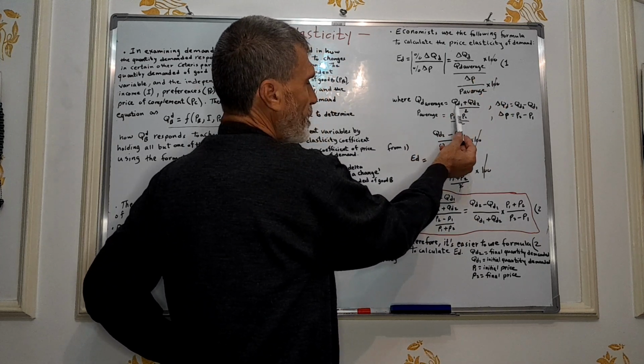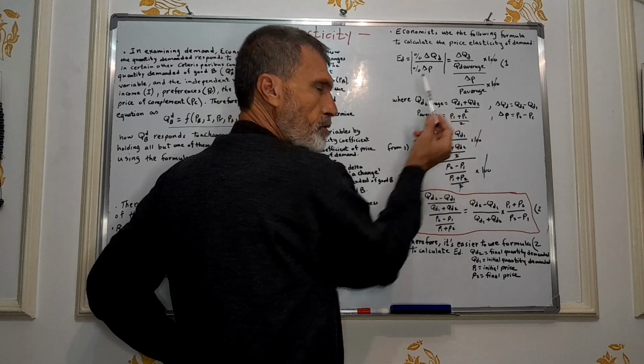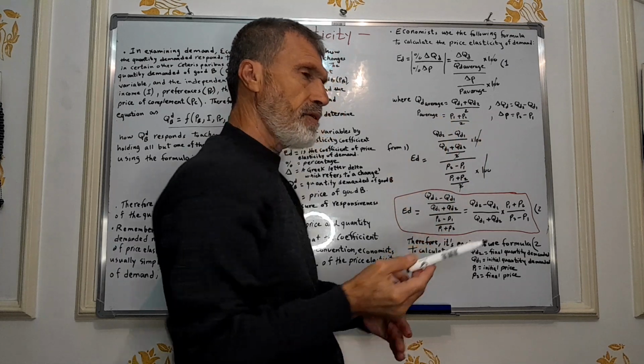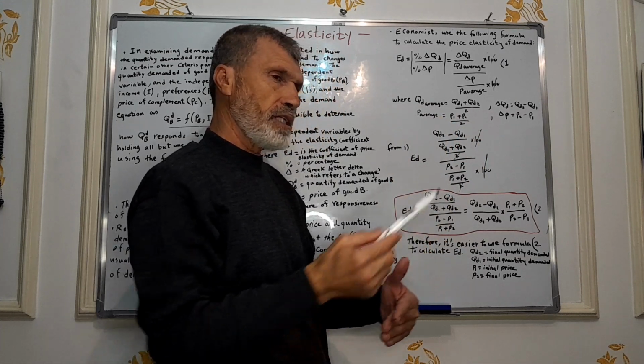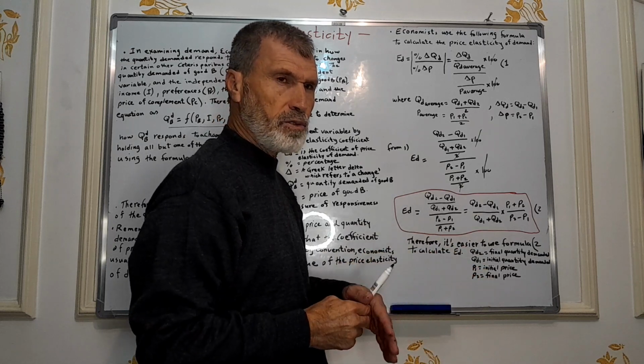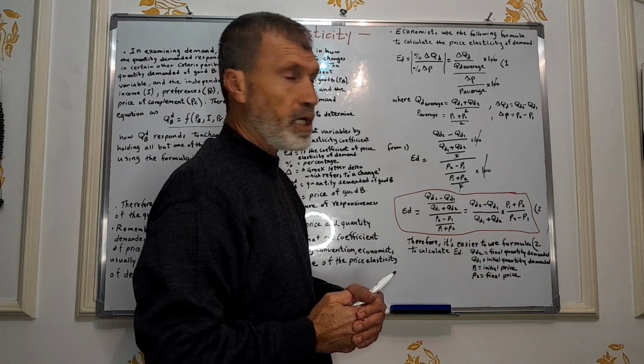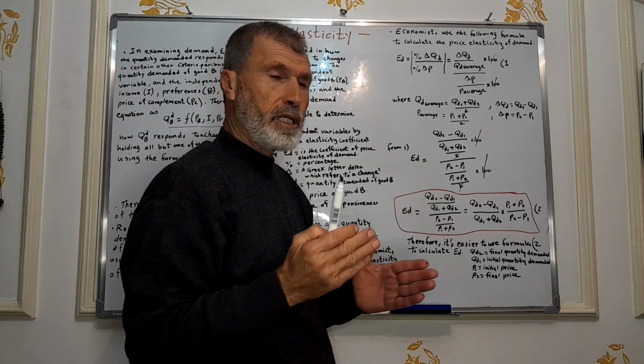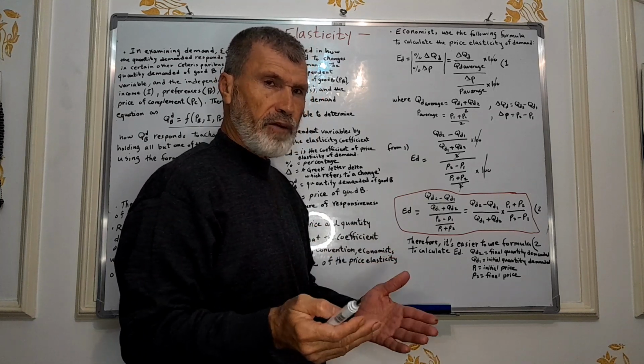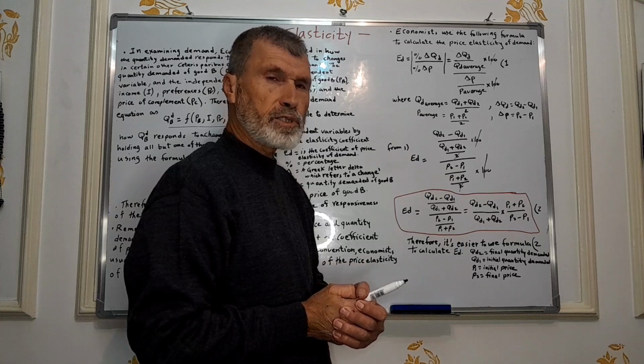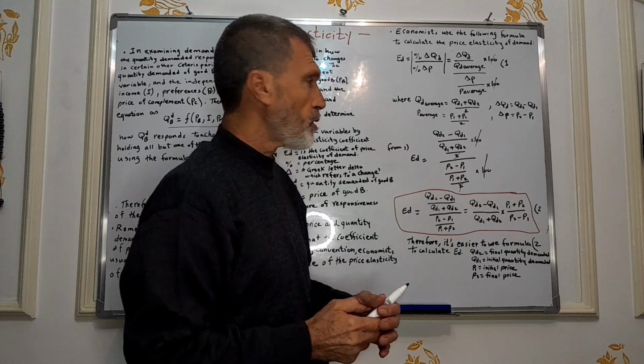The average quantity demanded is QD1 plus QD2 over 2. For the price, you have the initial price and the final price, we add them and divide by 2, P1 plus P2 over 2, that's the average of the price.